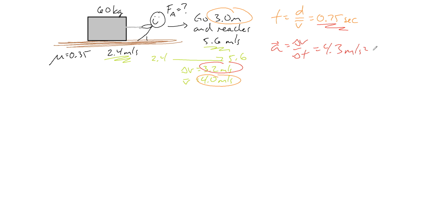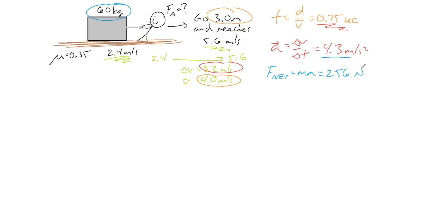Now acceleration is awesome because I've got the mass as well. And with mass and acceleration, I can find net force. So net force would be mass times acceleration. I put the two together and I've got 256 newtons. So there's my net force.